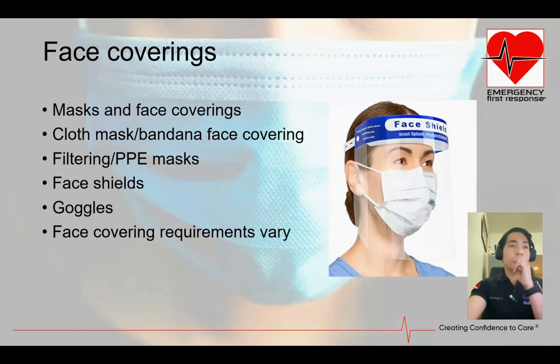Okay, let's proceed to face covering. Face covering, of course, involves the use of masks and face shields: cloth masks, bandanas, filtered PPE masks, face shields, goggles. Face covering requirements vary.